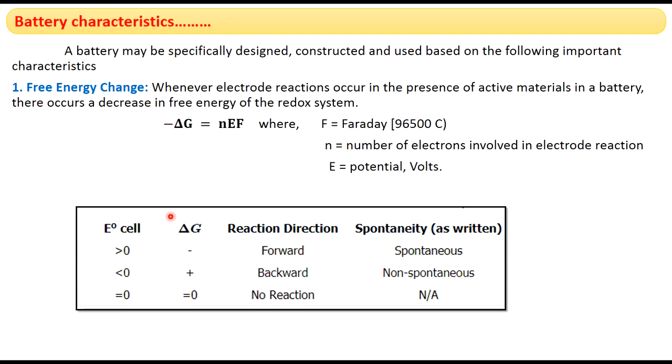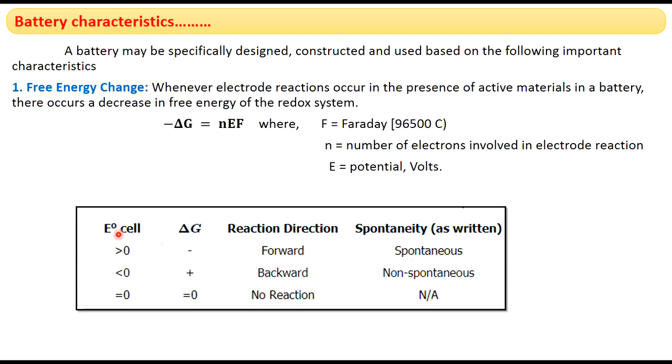And you can see in the picture, here E cell is greater than 0. E cell means E naught cell, that is the standard electrode potential. When the standard electrode potential is greater than 0, that is positive, delta G will be negative. Negative free energy indicates free energy decrease. The reaction occurs in the forward direction and the reaction is spontaneous.